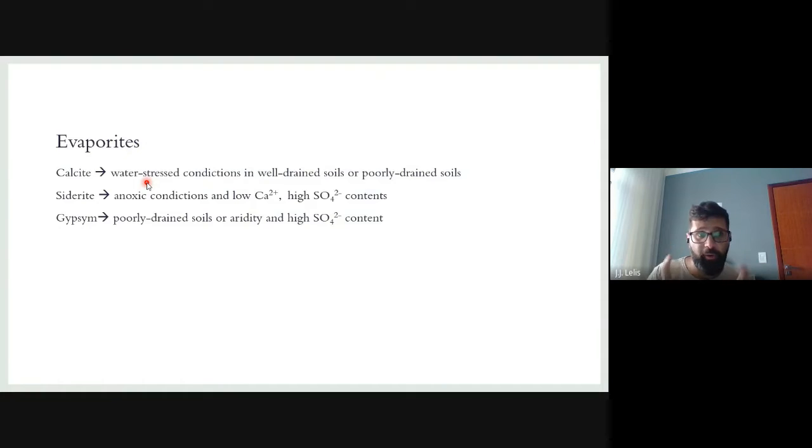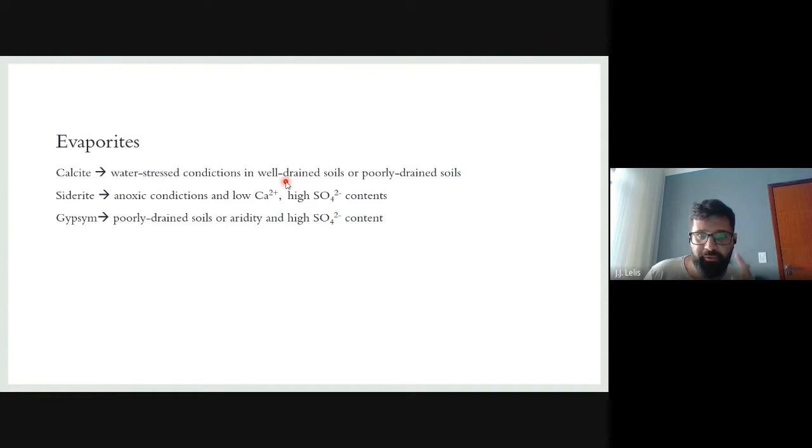That's what I mean by water-stressed conditions. So the leaching of the calcium carbonate is not so high, and you favor the concentration and precipitation of calcite, of calcium carbonate, in an area.